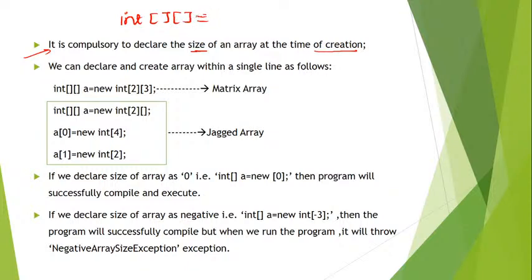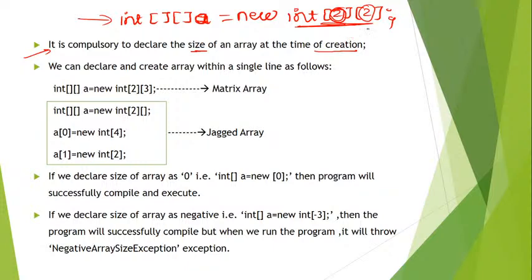How can we create it? We define the name and later new int, and here you can use 2 and 2, meaning 2 rows and 2 columns. In this way you can declare it. When you are creating it, we have to define the size, otherwise it will throw an error.